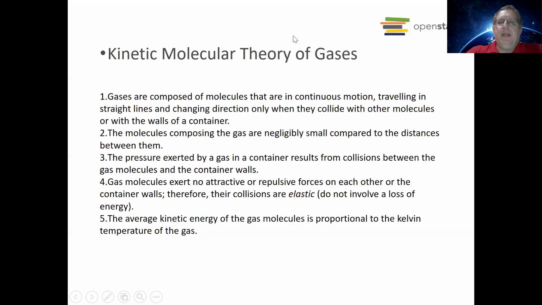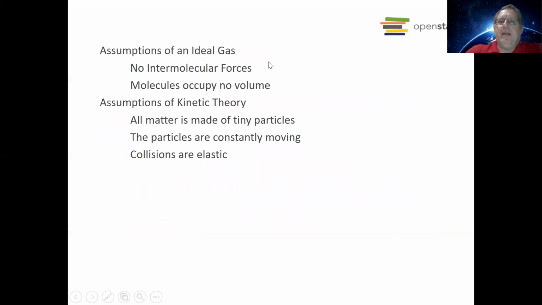Now, I just want to remind you, this is in the book, The Kinetic Molecular Theory of Gases. I'm not going to read through all of these, but what I do want to do is separate this into two different things. With an ideal gas, we make a couple of assumptions. We assume that there are no intermolecular forces and the molecules occupy no volume.